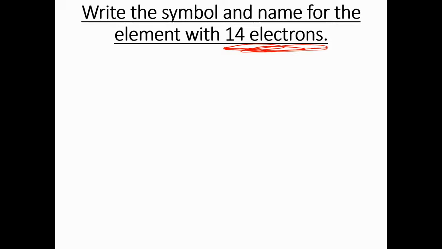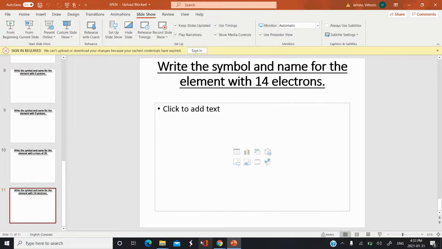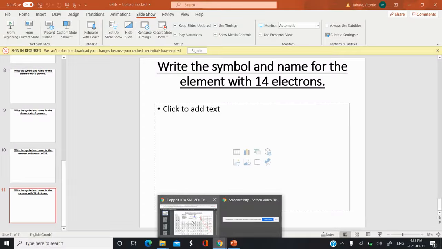So 1 proton is hydrogen, 2 protons is helium, 3 protons is lithium. And typically, for example, lithium, if it has 3 protons, would also have 3 electrons. But it could lose electrons. Lithium could lose electrons, but it can't lose its protons. So lithium will always be identified by the number of protons that it has. So just keep that in mind when we're doing practice problems, that really it's the protons that determine what you're dealing with. But we can still do problems like this assuming they're neutral.